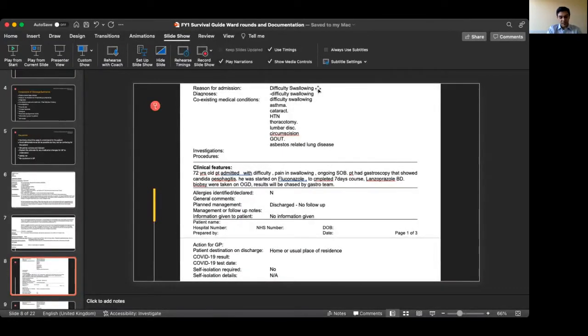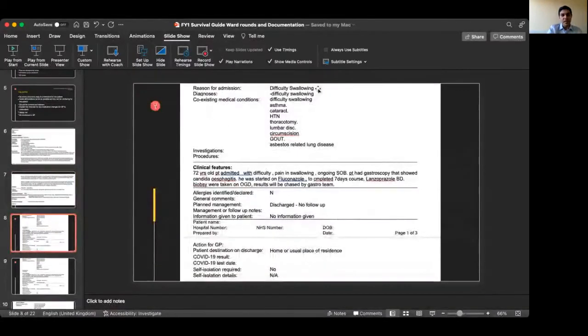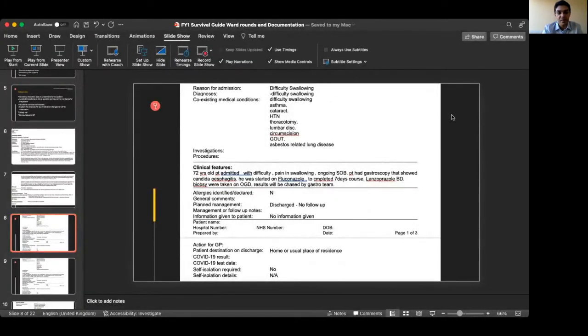And in the diagnosis section, Nihal, can you see this slide now? Hi, Hamza. Yeah, which slide are you on? Are you on slide 8, is it? Yeah, 8. Reason for admission is difficulty swallowing. Can you see that?